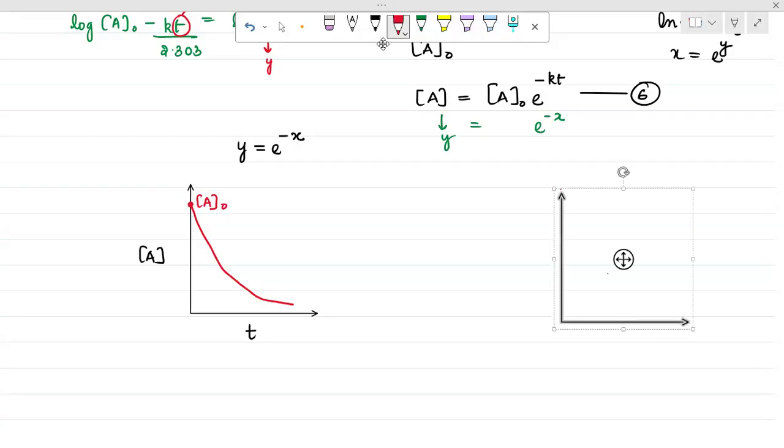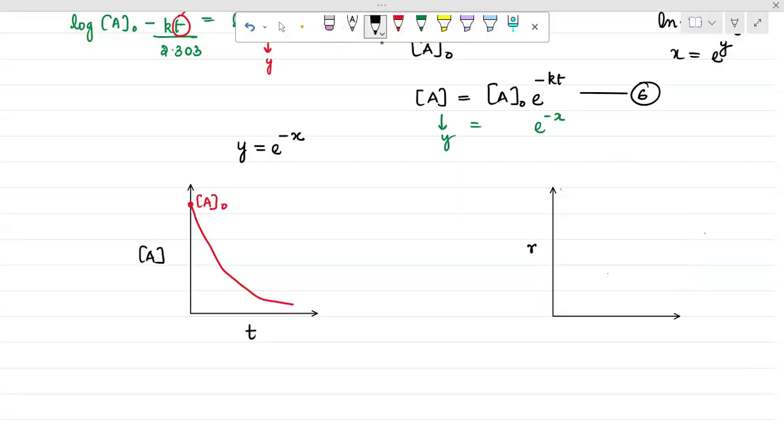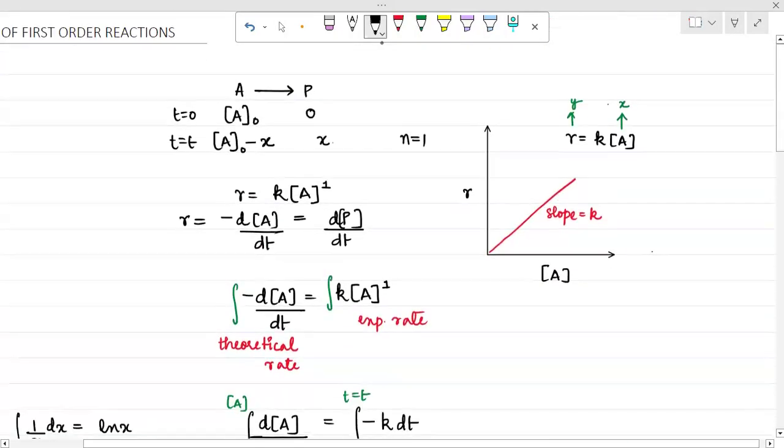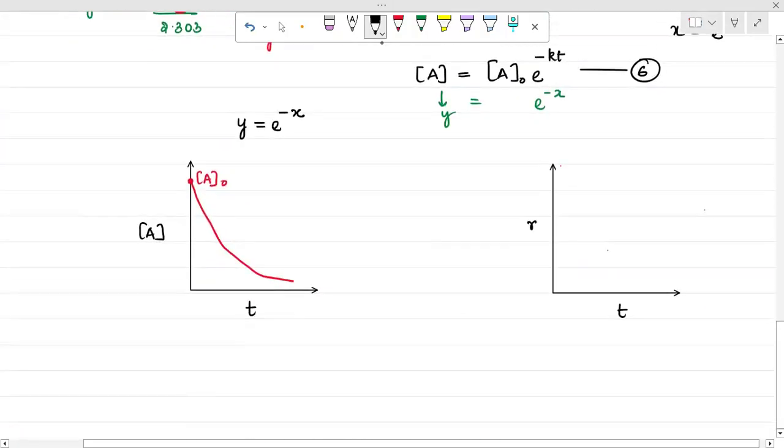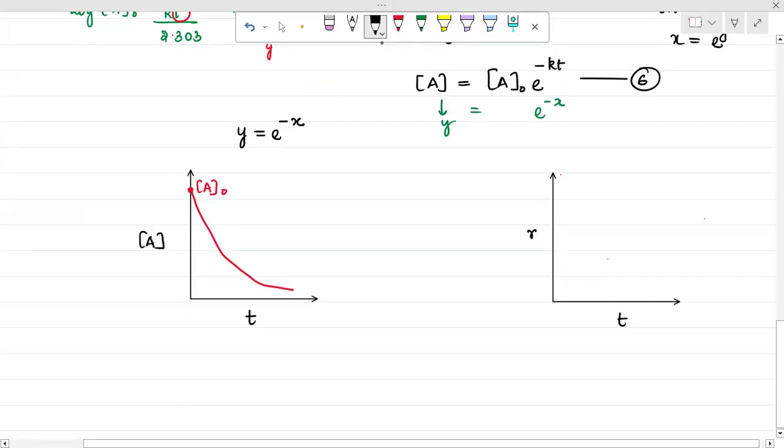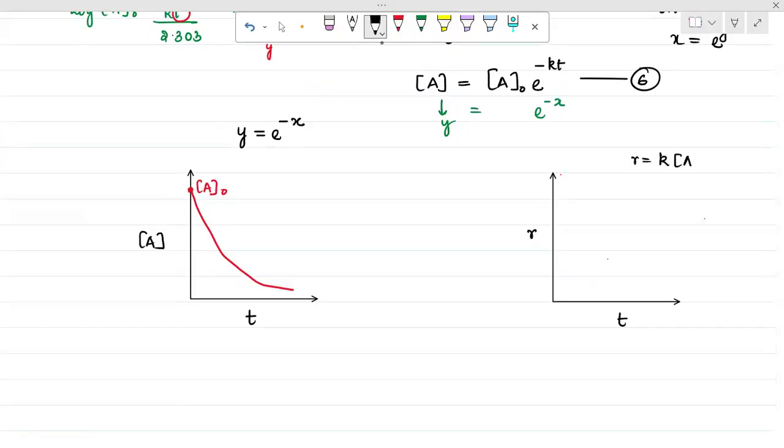Similarly, they can also ask you of the patterns of how rate of the reaction versus time looks like. So initially what we plotted was rate versus concentration. Pay attention, which is R is equal to Ka. Here what they are asking is rate versus time. So we need to come to an equation where there is rate and where there is time. How will you come? So you know that R is equal to K into concentration of A. From equation number 6, you know that A is A naught e to the power minus KT.